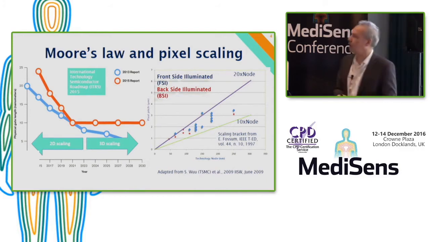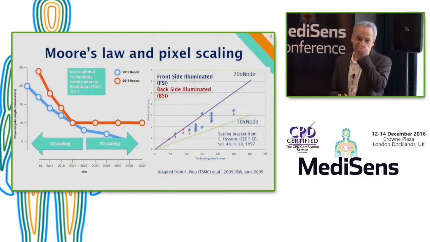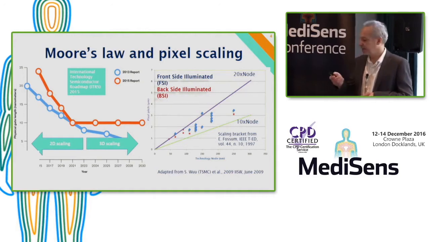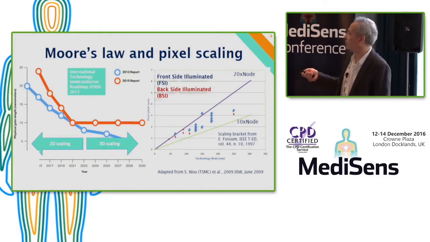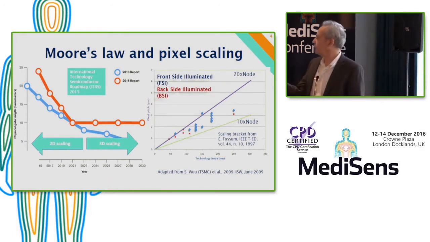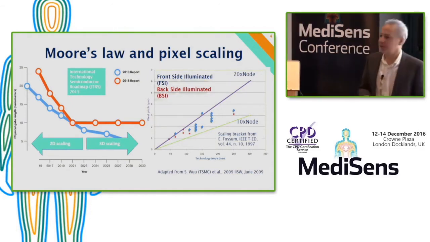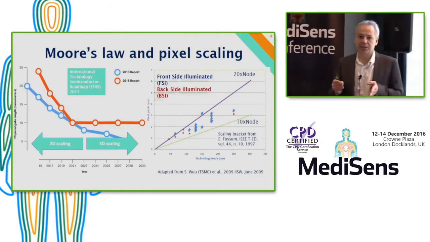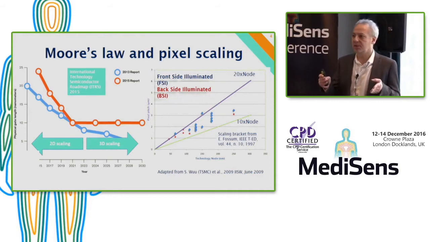So how Moore's law benefited the industry is in providing the base for pixel scaling, and that's a graph adapted from something first noticed by Eric Fossum almost 20 years ago now, that the minimum size of the pixel you can make is basically between 10 and 20 times the smallest transistor you can make.